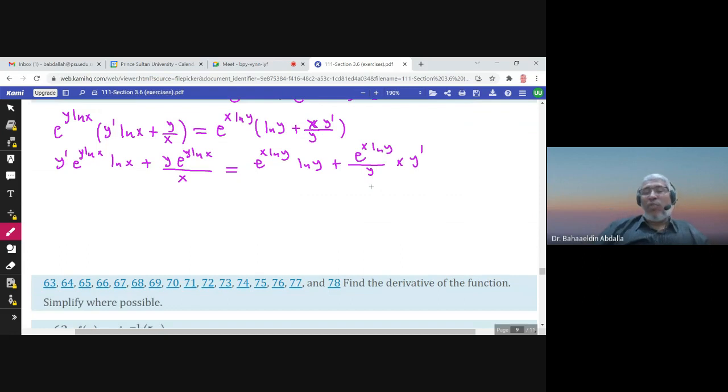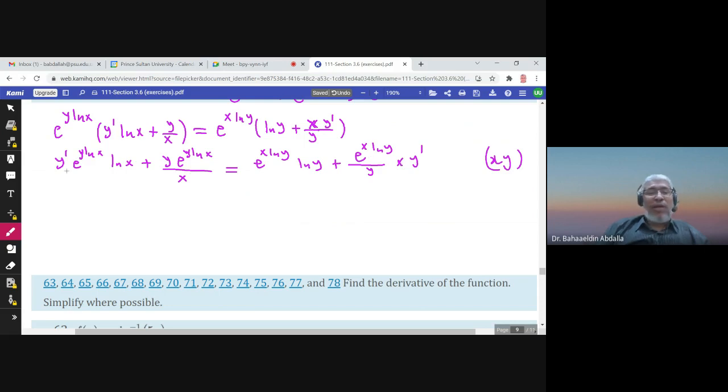And I take y prime to this side. I can also get rid of the fractions by multiplying both sides by x times y. And take y prime to the other side.